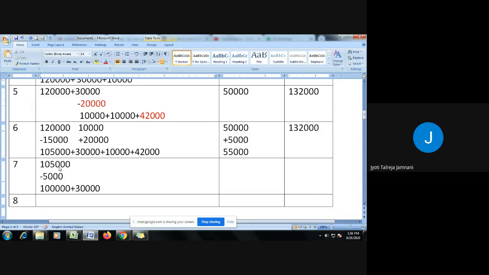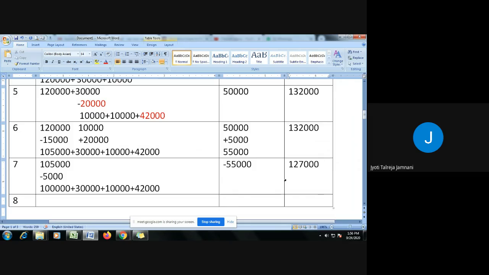To this we add 30,000 goods, 10,000 furniture and 42,000 as our debtors, and from this we minus 55,000 as our liability. When we do this, our capital will be 1,27,000, because it has decreased by 5,000 because the owner has withdrawn 5,000.